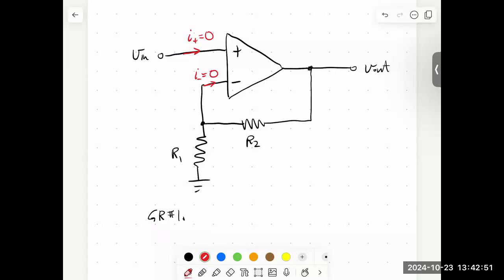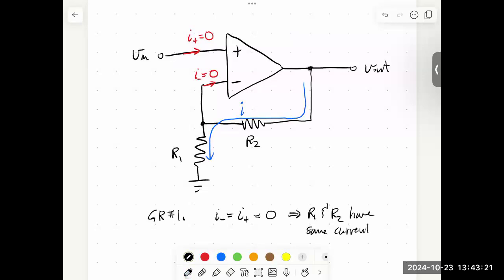So instead of drawing 2 currents from the beginning, we'll just say we have some current I, and it's going to be the same current through R1 and R2. So golden rule number 1 says I minus is equal to I plus, which is equal to 0. And as a result, R1 and R2 have the same current I.